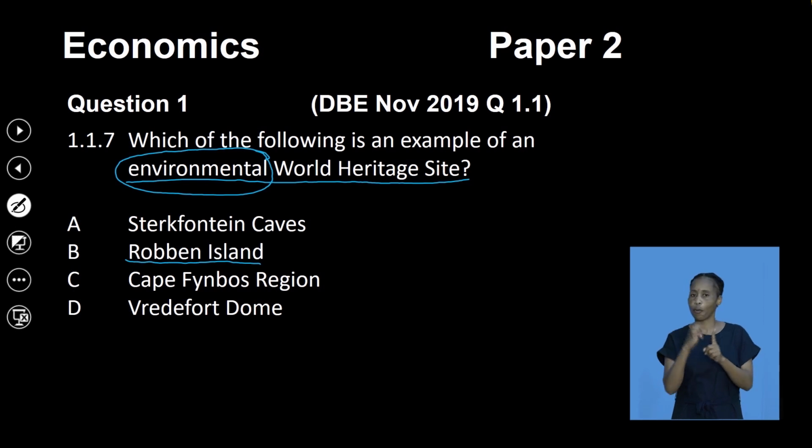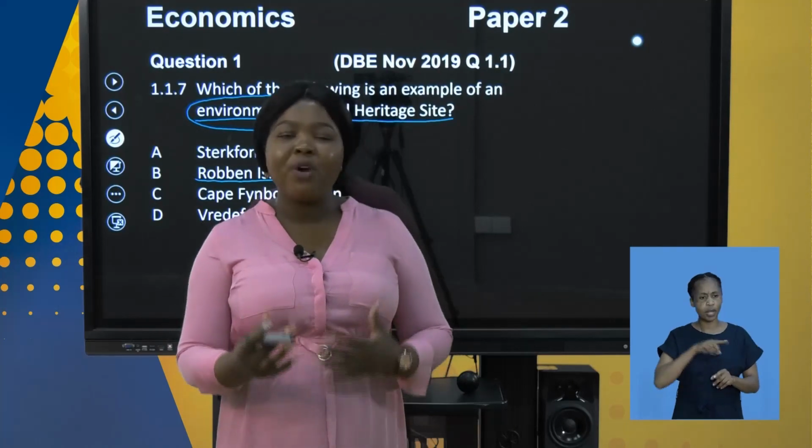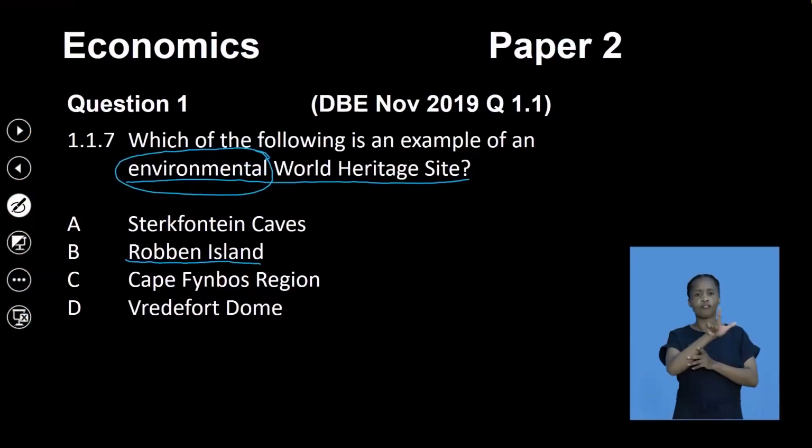Environmental World Heritage Sites are of environmental significance, places that deal with probably our fauna and our flora. Robben Island is significant for historical reasons, it's rich in history. This is where our former President Nelson Mandela was held. So it's got nothing to do with the environmental part of things. So always look out and underline your keyword there.